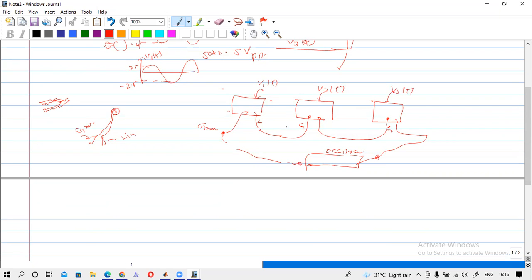If I connect all three generators like this, I think all the signals will be added at this point. So the output of the third one will add at this port and I can get the added signal. Do you agree with me or not?